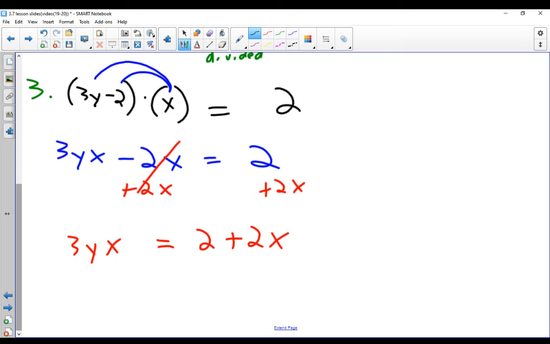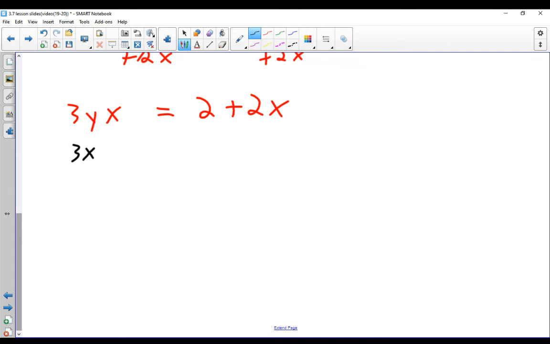Okay, so now what we have to do is to get the y alone, and it looks like we have to get rid of the 3 and the x somehow. Now for the time being, I'm going to rewrite the 3yx as 3xy. And technically, since it's multiplication, that's the same thing.